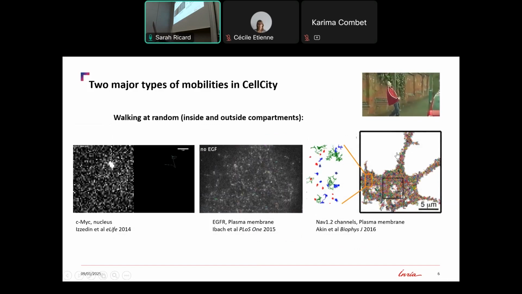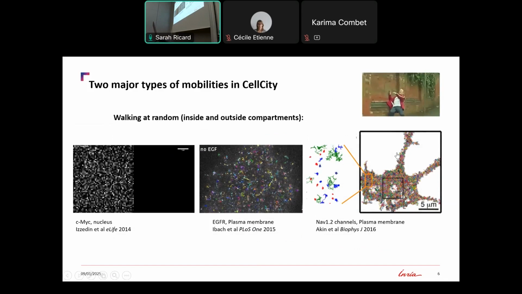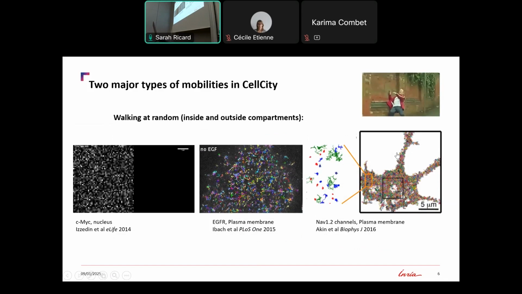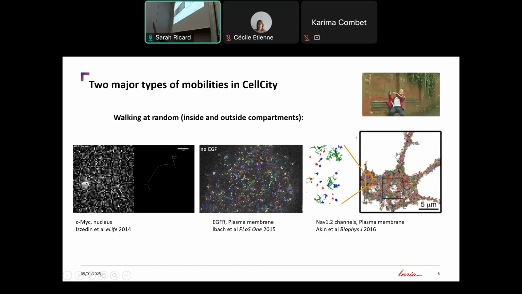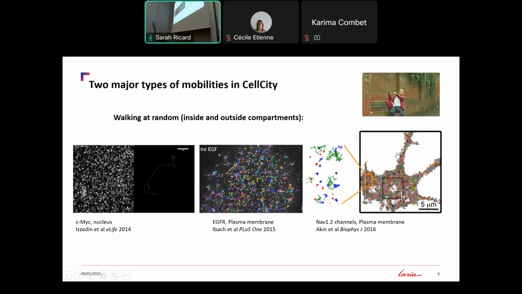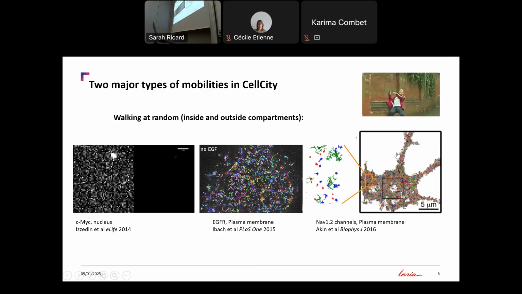So for instance, you have here a real experiment, and I will come back to how we can do that experimentally. What you see there is the inside of a living cell nucleus where the chromosomes are. You have much noise there, but this white spot that you see is a single molecule.